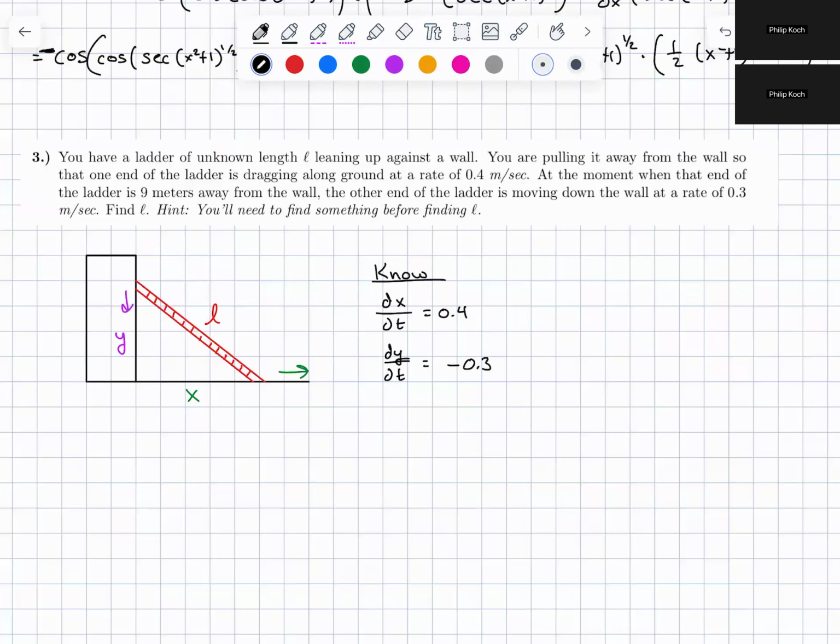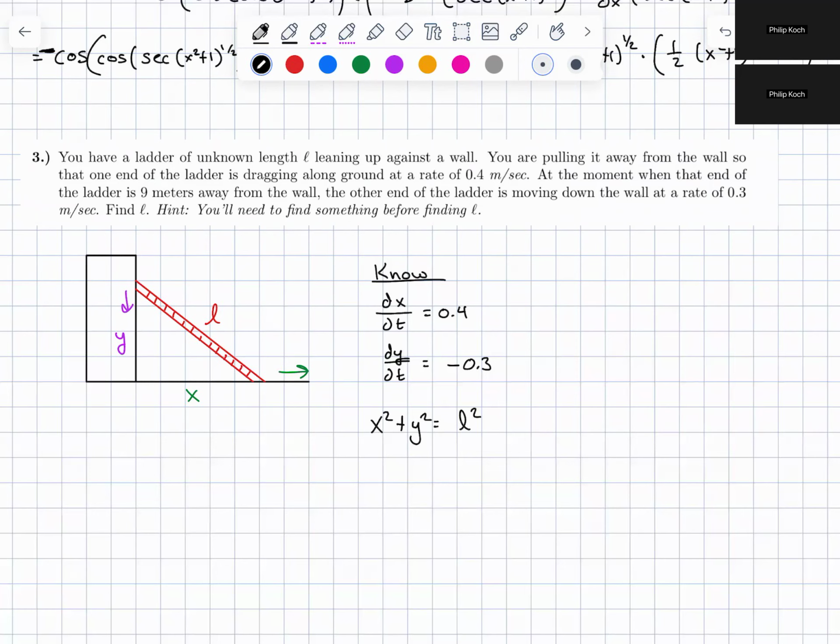By the way, I haven't done this problem in a very, very long time, so we're gonna fumble around a little bit. We'll see what happens. I'm gonna try and use the Pythagorean theorem. That would be my first guess. So we know that x squared plus y squared is equal to L squared.